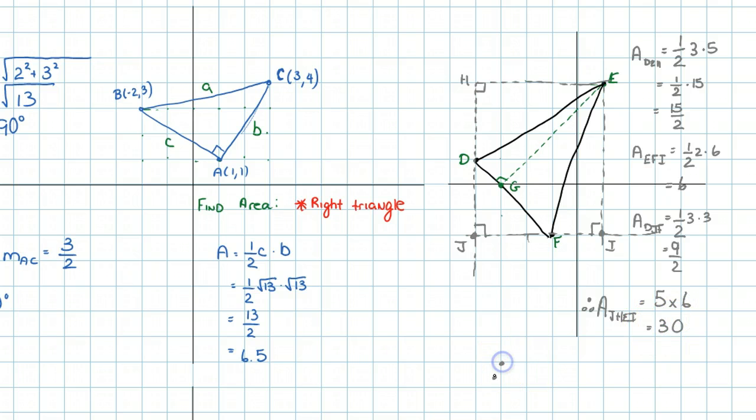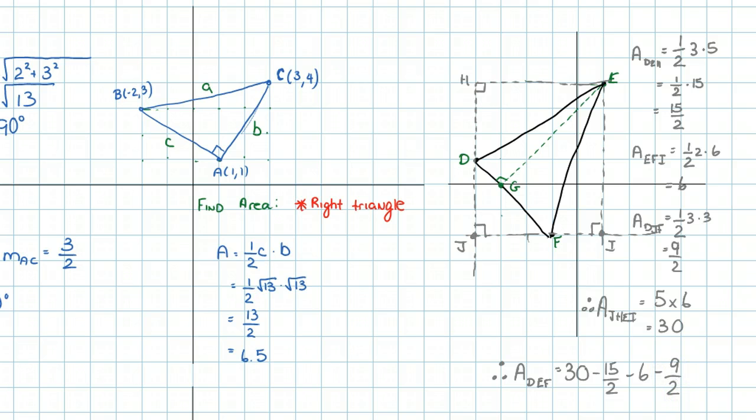So therefore, the area of DEF is going to be 30 minus 15 over 2 minus 6 minus 9 over 2.